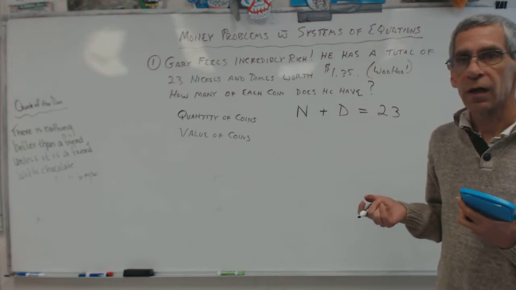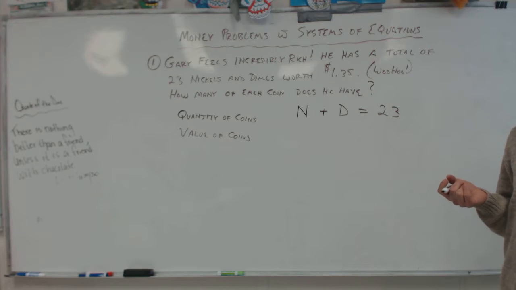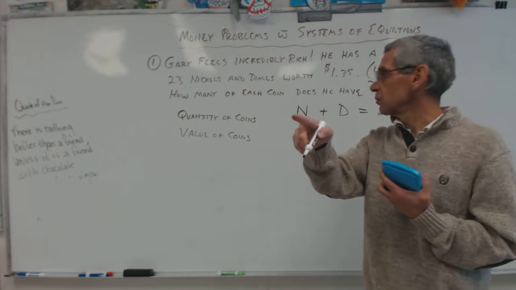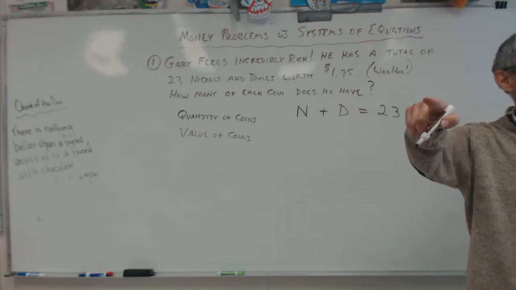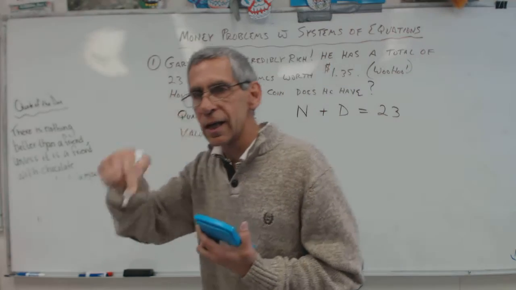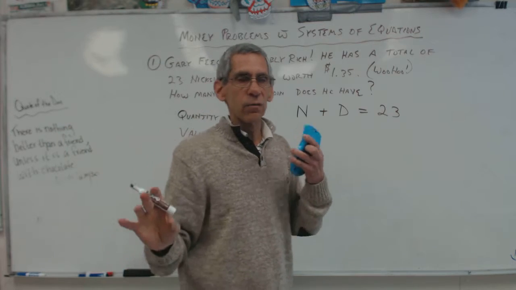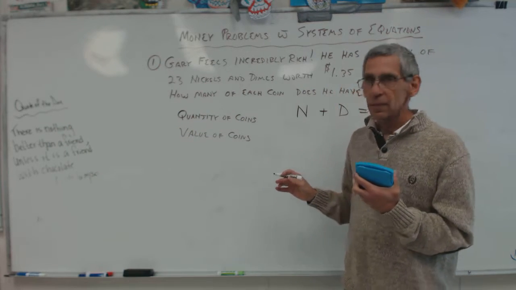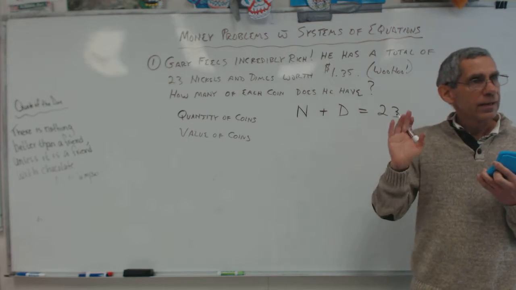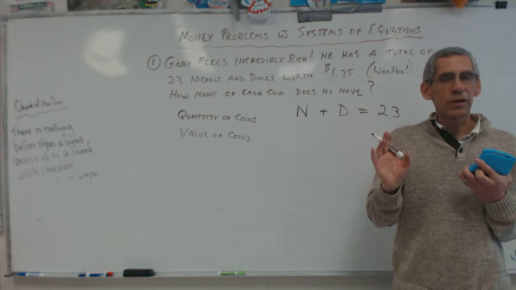Okay, you're on the right track though. Remember what you did yesterday when we had the flowers, we had the lilies and the other ones. You had each one of those cost something.